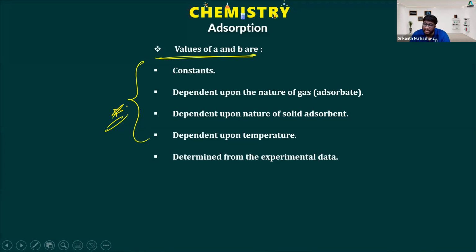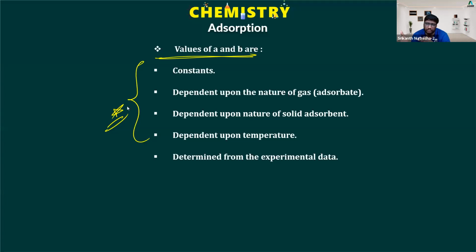A and b are constants, like x by m is equal to k into P power 1 by n. What are k and n? They are constants. Similarly, x by m is equal to aP divided by 1 plus bP. What are a and b? They are constants. They depend upon the nature of the adsorbent and temperature, and they have to be obtained from the experimental data. Like x by m values we will calculate at different pressures.